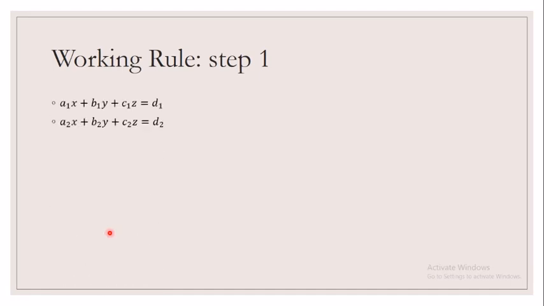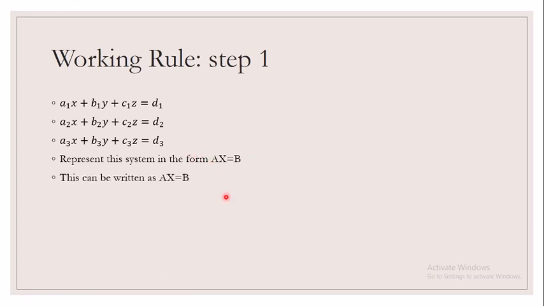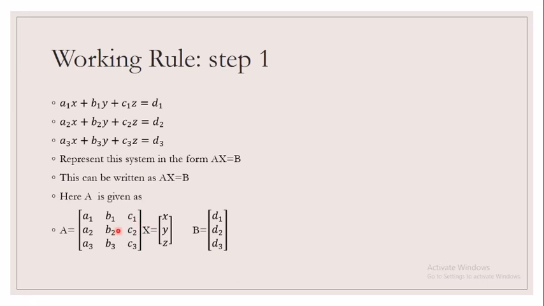The first step, as I said before, if we have a system of equations, for example this is the system of equations that we are given, is that we have to represent this system of equations in matrix form, that is, AX is equal to B. Now in this case, our A is given as a1, b1, c1, a2, b2, c2, a3, b3, c3, X is equal to x, y, z, and B is equal to the matrix d1, d2, d3. That is the right hand side of these equations.